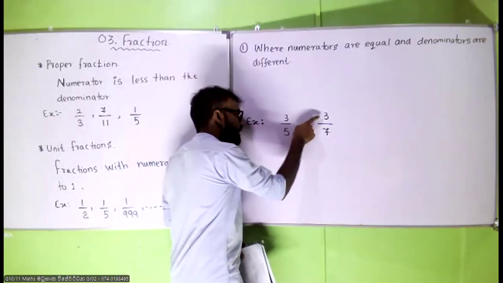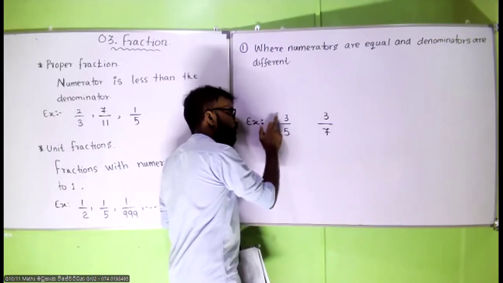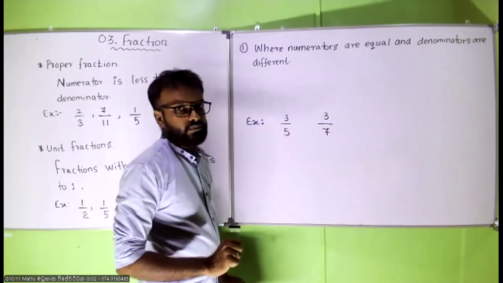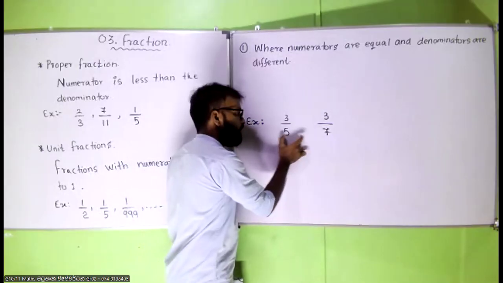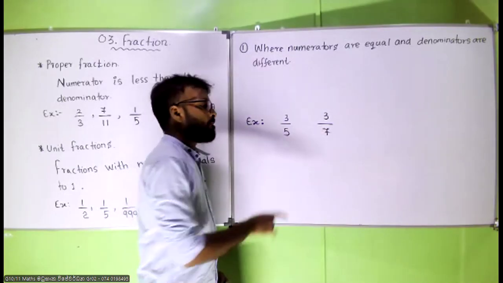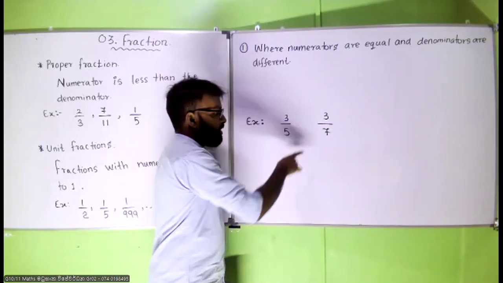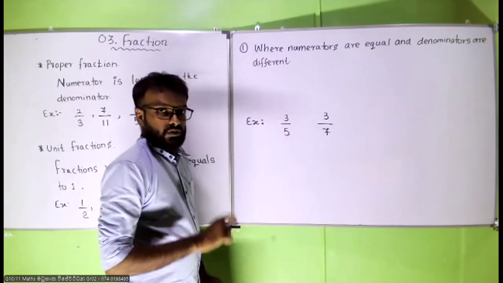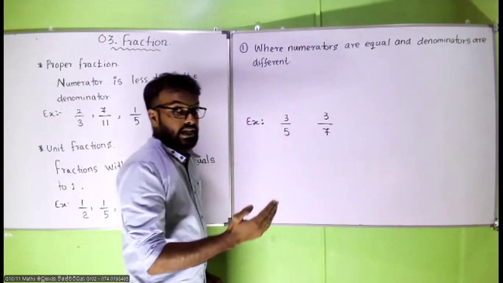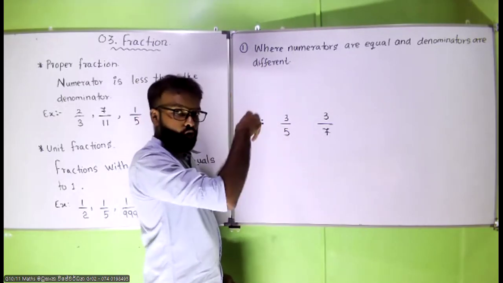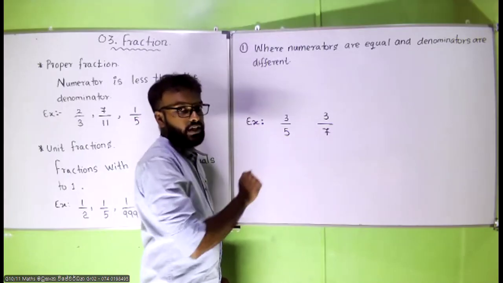If you have equal numerators, you need to care only about the denominators. 5 is less than 7. So when the denominator is getting increased, the value of the total fraction is getting decreased.